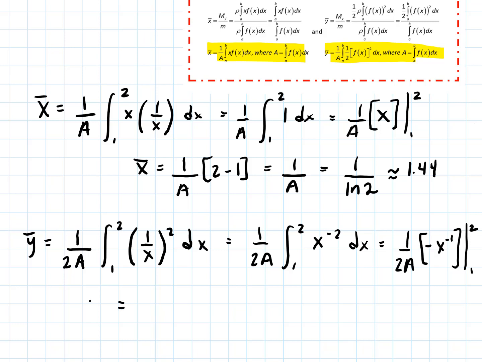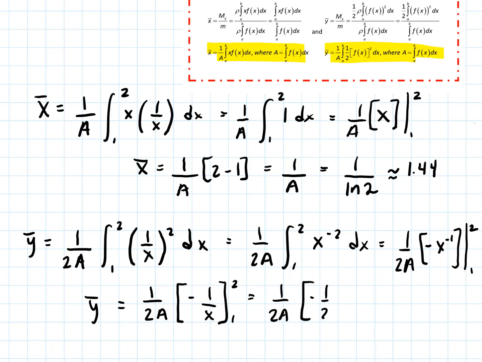So y bar is 1 over 2A times negative 1 over x, evaluated from 1 to 2. We've got minus 1/2 plus 1, and so this ends up being 1 over 4A.